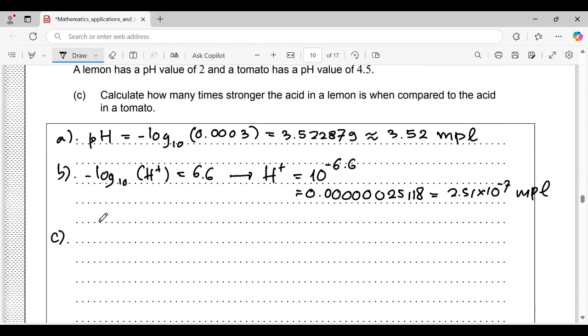First we need to find the hydrogen concentration for lemon as well as for tomato. For lemon, the hydrogen concentration equals 10 to the power minus pH. It means 10 to the power minus 2. The pH value of lemon is 2, and tomato is 4.5.